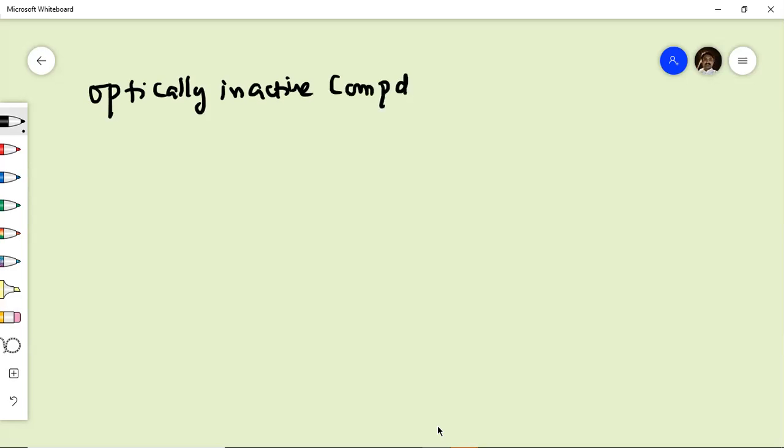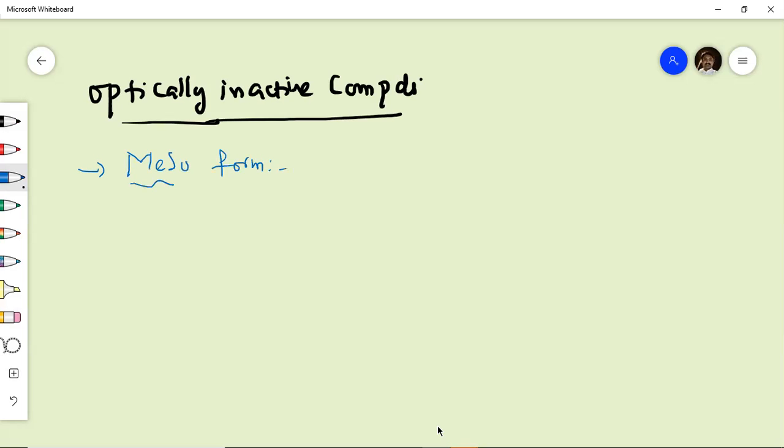In optically inactive compounds, we have one form called the mesoform. The second one we will call the racemic mixture. First we are discussing the mesoform.